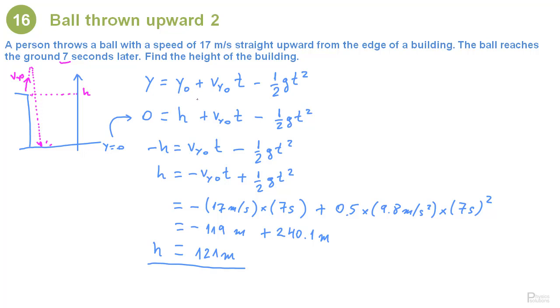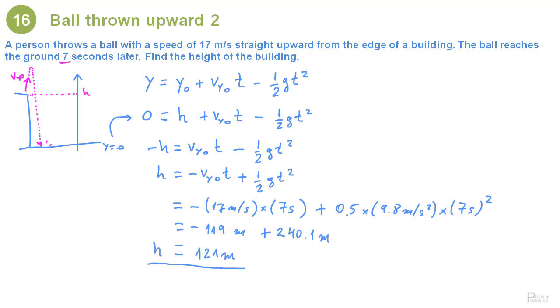And the important steps were, first of all, that the initial height was the height of the building, which is the quantity we're trying to find. And the other step was that for the 7 seconds, so if we want to plug t equals 7 seconds, that means that y here, we have to impose that to be equal to 0, because that is the level of the ground. And from there it is just algebra, plugging the numbers and solving properly for h.